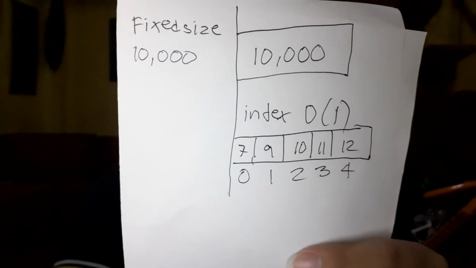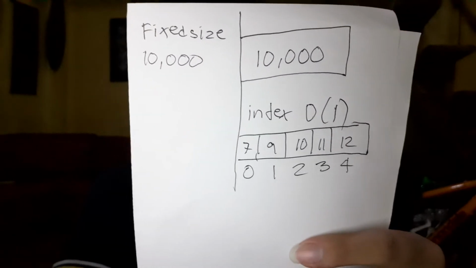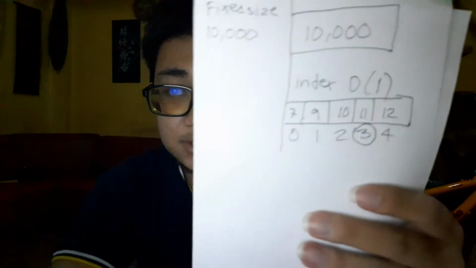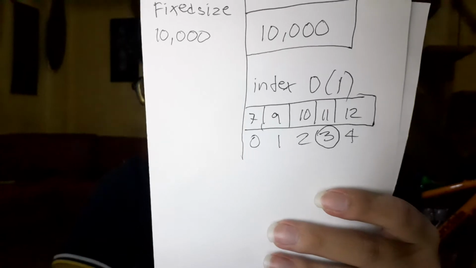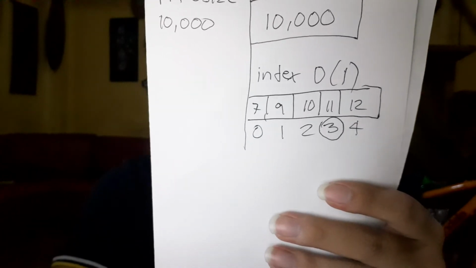So like index 3, and I can grab that immediately, as opposed to using something like a list that takes a lot longer to do that. That's something to remember: indexing items, getting any random item, takes O(1) constant time.